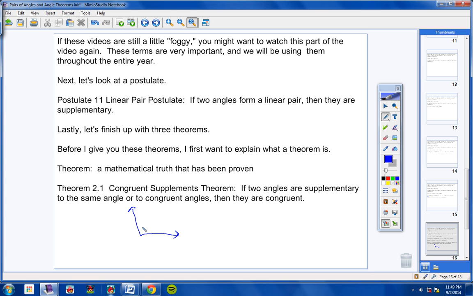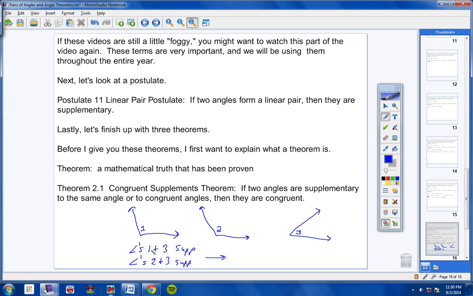Let's say we have angle 1 right here, and angle 2 right here, and angle 3 right here. Please copy this in your notes, students. I think this picture is real important. If I told you that angles 1 and 3 are supplementary, and angles 2 and 3 are supplementary, then notice how 1 is supplementary to 3 and 2 is supplementary to 3.